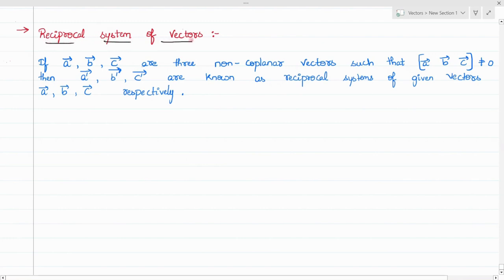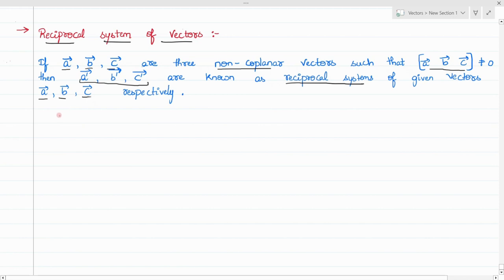Reciprocal system of vectors. If A, B, and C are three non-coplanar vectors such that box ABC is not equal to 0, then A dash vector, B dash vector, and C dash vector are known as the reciprocal system of these vectors, that is A, B, C respectively, which means A dash vector is called the reciprocal of A vector, B dash vector is called the reciprocal of B vector, C dash vector is called the reciprocal of C vector.